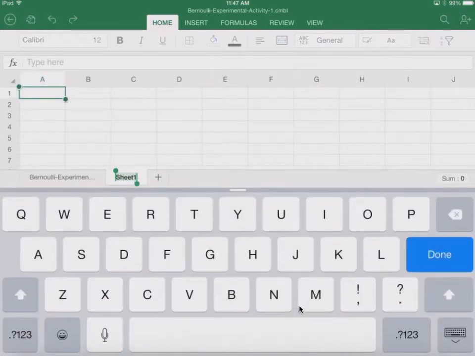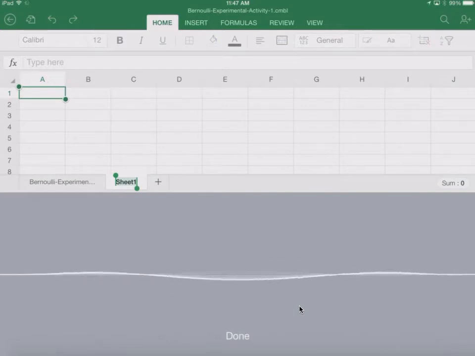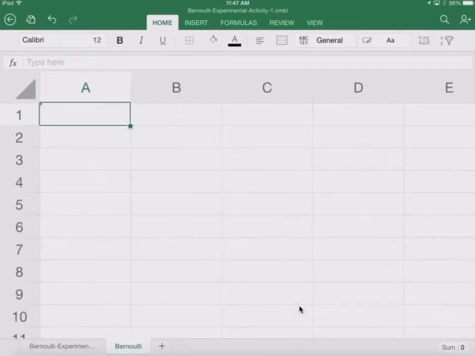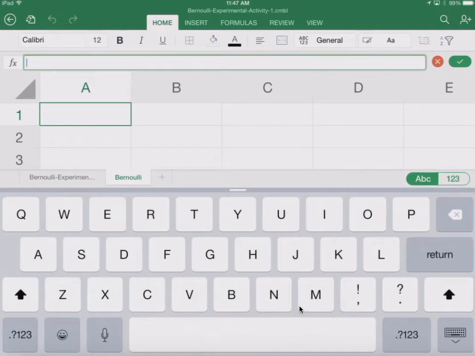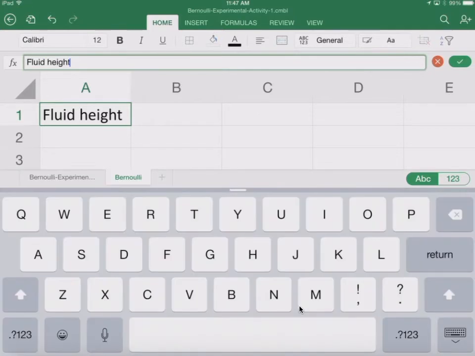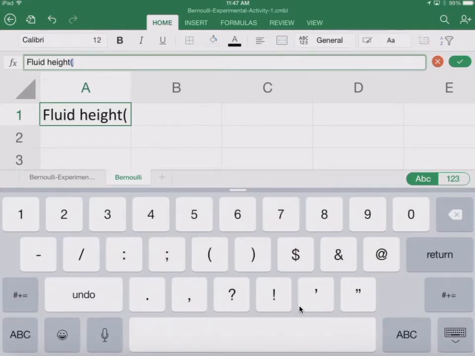Call that Bernoulli. The thing that I want to do is just bring some information over. Let's bring over our delta Y, or our height. Fluid height. And this is going to be in meters, of course.